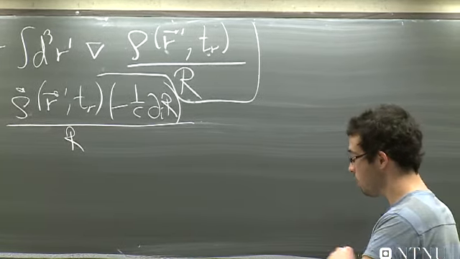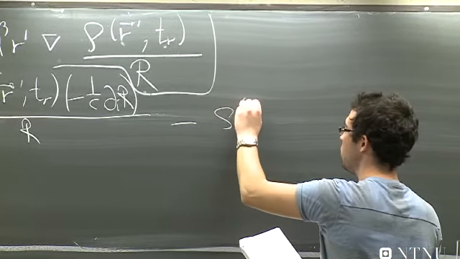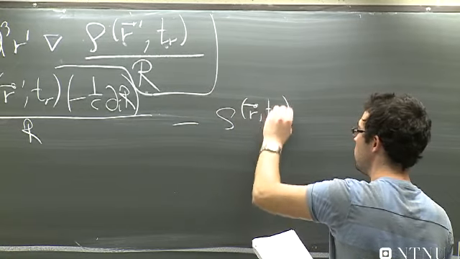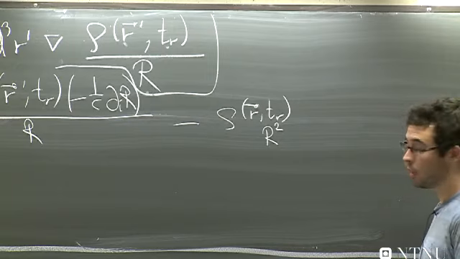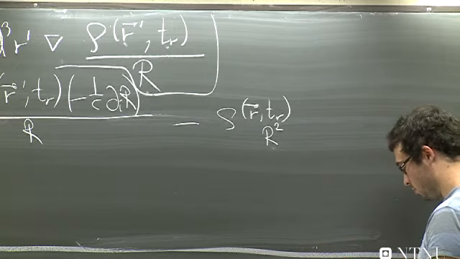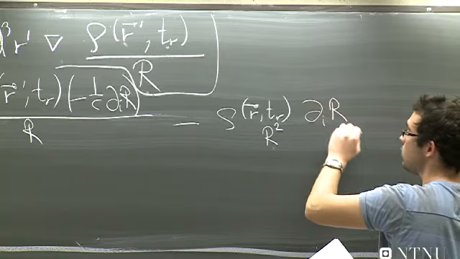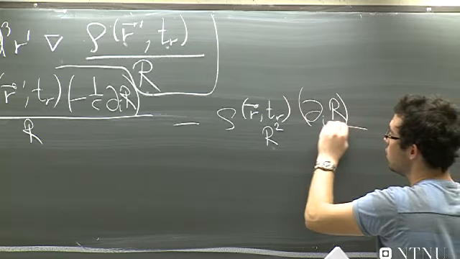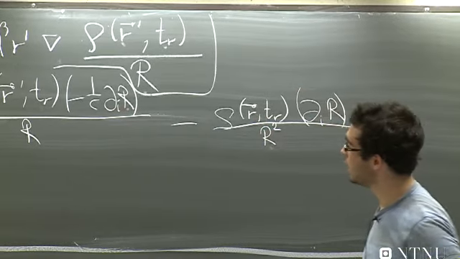And the second term is minus rho of r prime, t_R, over R squared, times the chain rule term from this one, that's d_i of R. So next order of business is to figure out what d_i of R is.